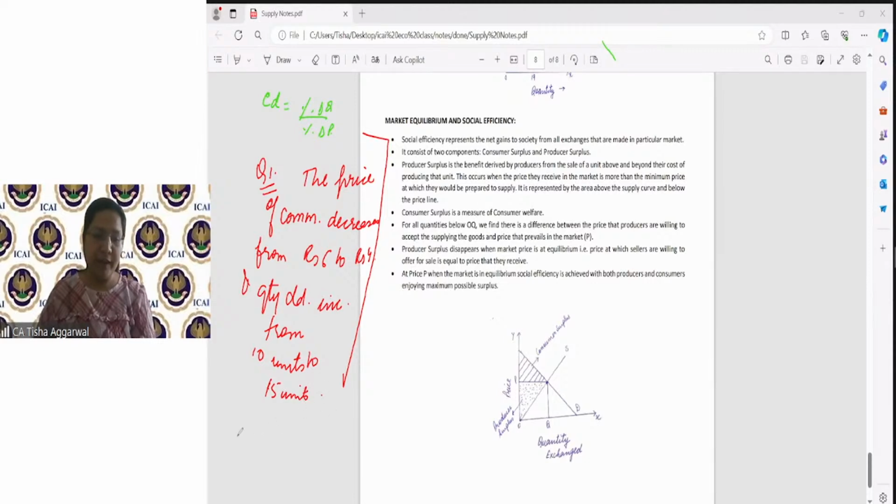You have to find out the coefficient of price elasticity, which we can also call elasticity of demand.